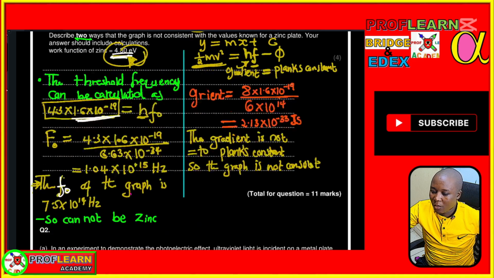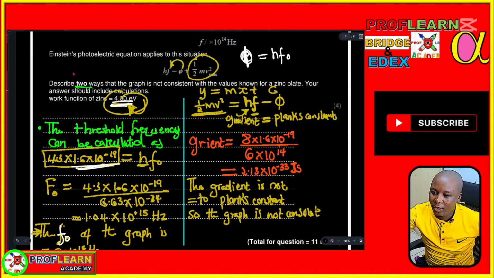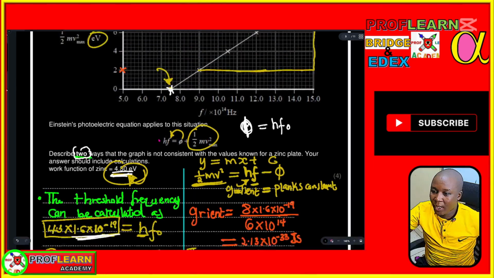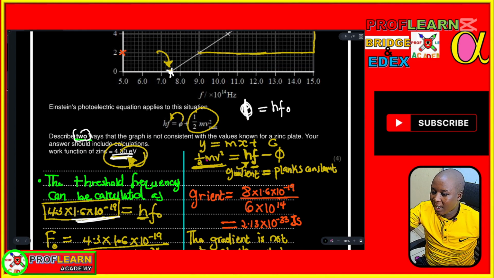Something else that we need to take into consideration, because we were supposed to identify two ways the graph is not consistent: we need to understand that I have half mv squared, actually that is what's on the y-axis, against frequency. So we know half mv squared is equal to hf minus work function.